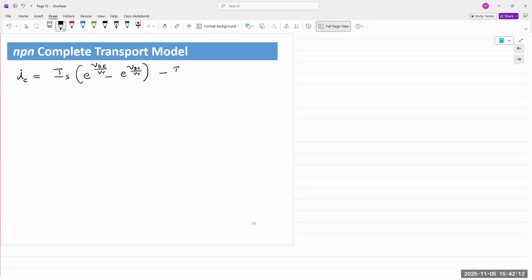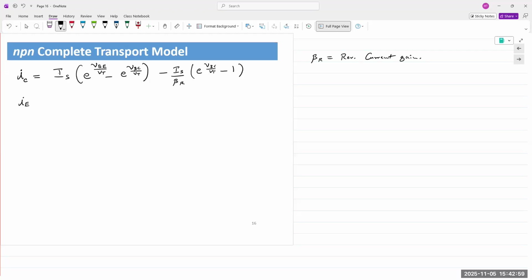And then we have to subtract IS over beta R times e raised to VBC over VT minus 1, where beta R is the reverse current gain, or current gain in reverse mode of operation. Let's finish writing this.